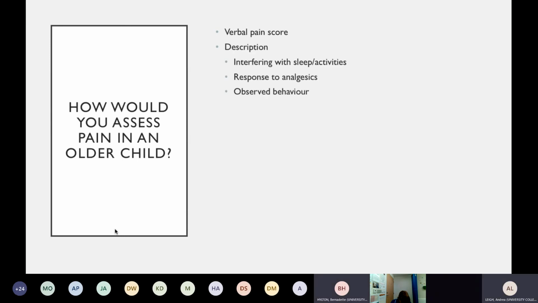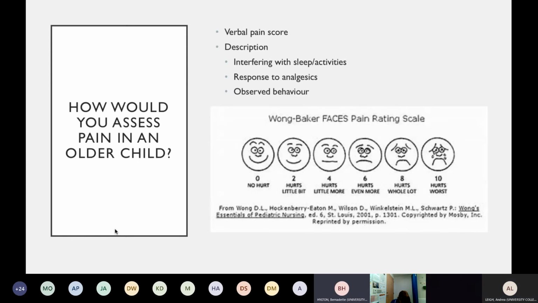Donna's also said drawings for all ages, and a pain diary for 6 and over. Yeah, brilliant. Exactly, and description is much more helpful, isn't it? So what are they able to do? What's it interfering with? What's been given and done that's helped?